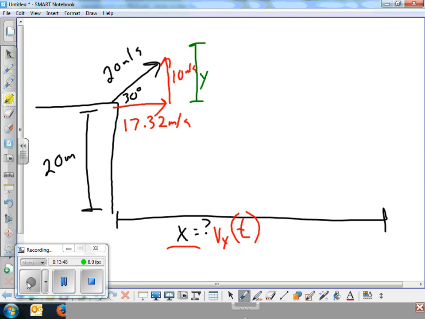Okay, so I want to first know how high this is going to go. So how do we do that? Well, we can say x equals v sub naught t plus 1/2 at squared, and we should be able to find that height, except we don't have the time, right?